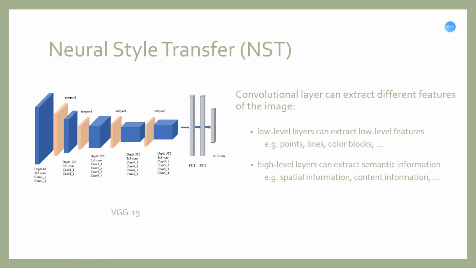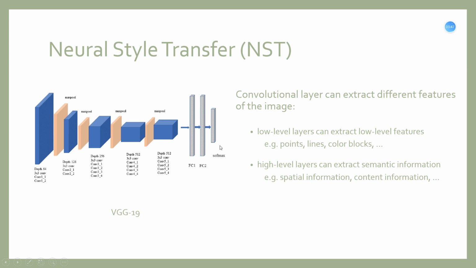So firstly, let's talk about Neural Style Transfer. Here is the basic structure of VGG19. We can see that it's a convolutional neural network. It consists of convolutional layers, max pooling layers, fully connected layers, and softmax layers.